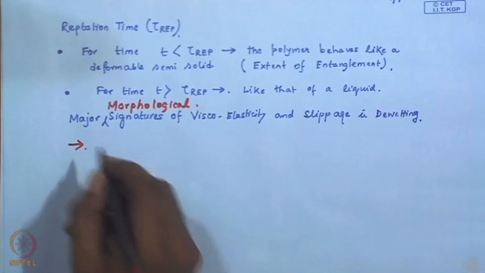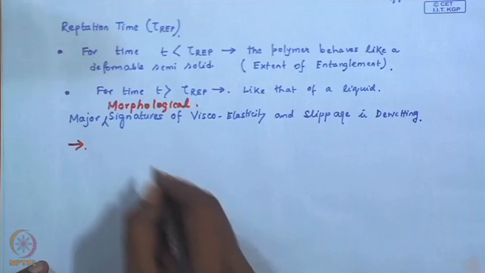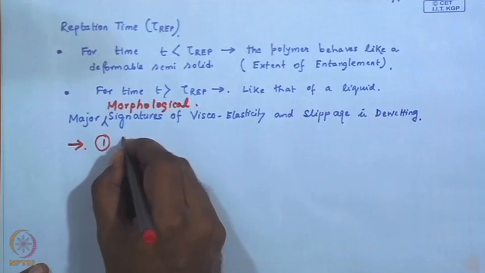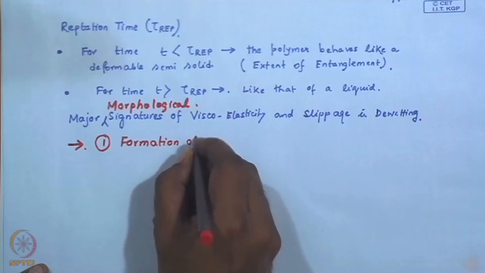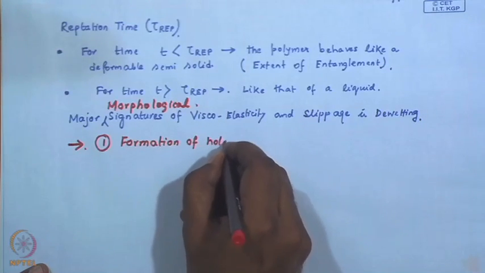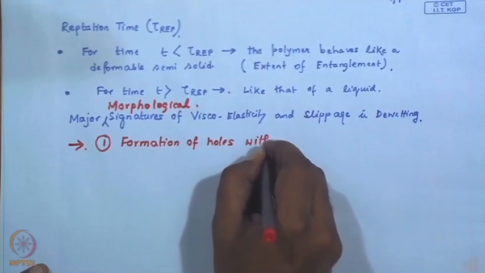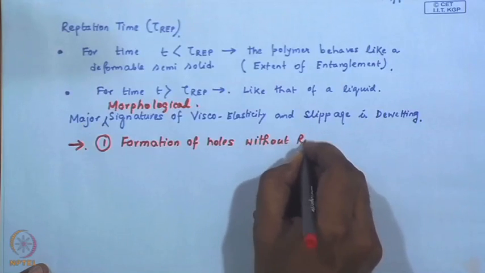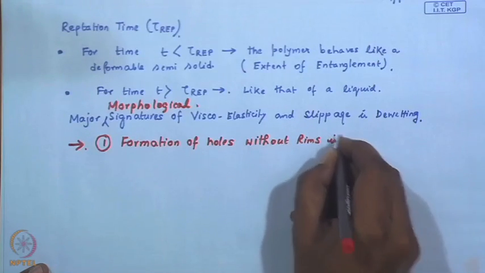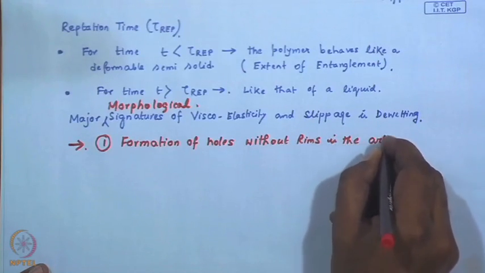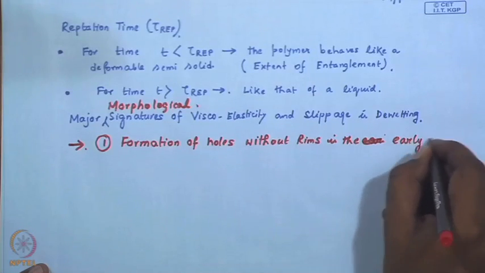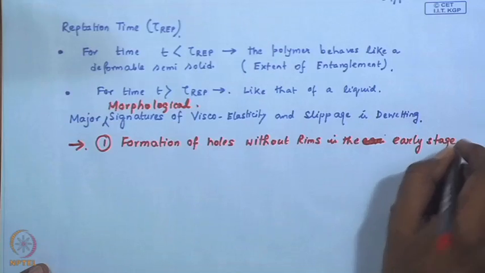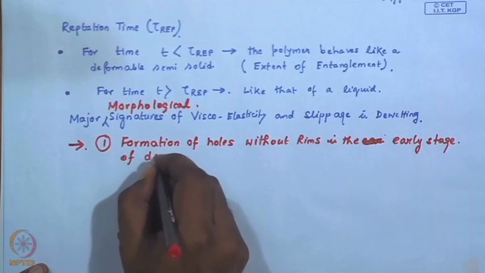They include firstly, formation of hole without rims in the early stage of dewetting.